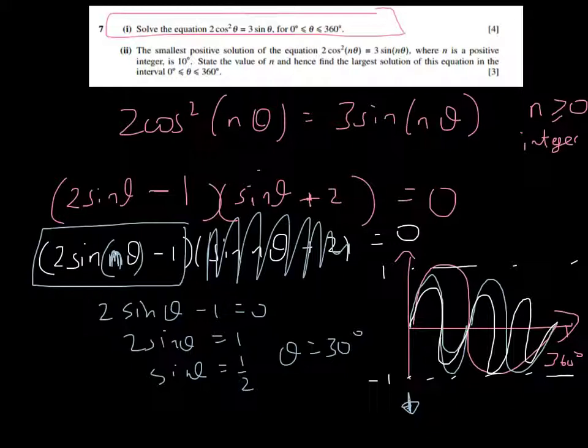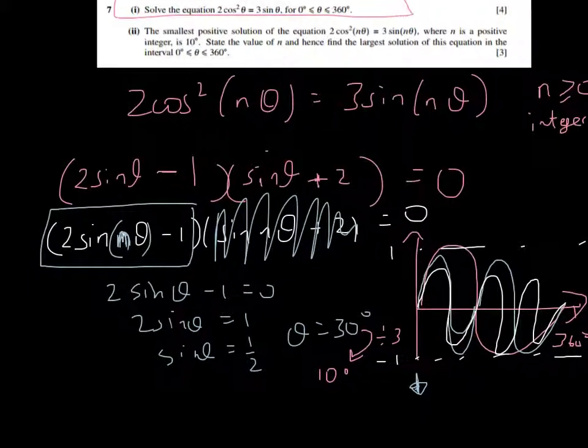This is all about some sort of scale factor: if you divide 30 by 3, you get 10 degrees. That tells us we're compressing the sine curve so that we make 3 of them in that period of 360 degrees. So that means n is 3. Cool, so now we know that n is 3.